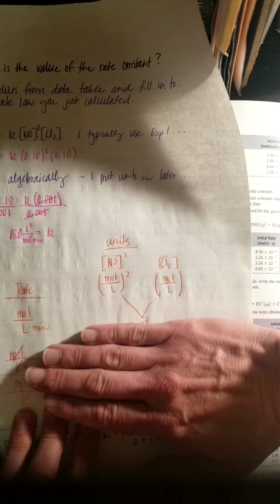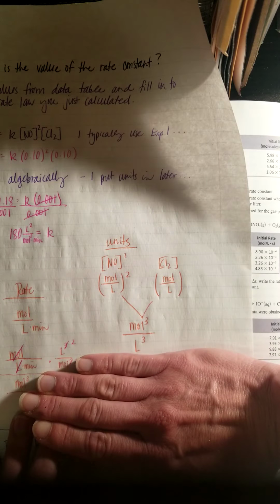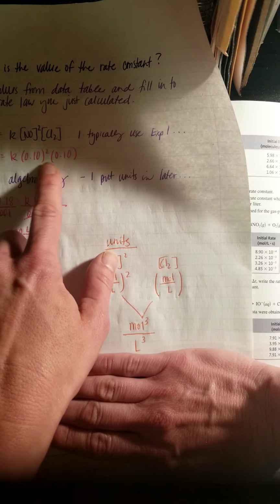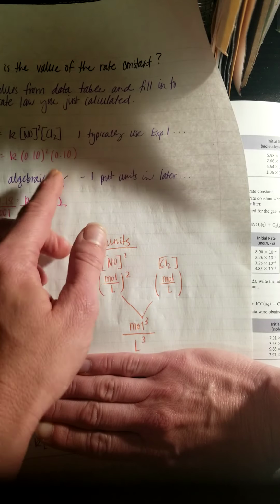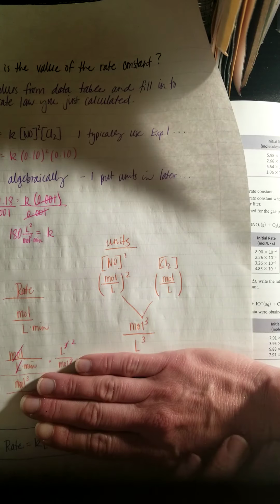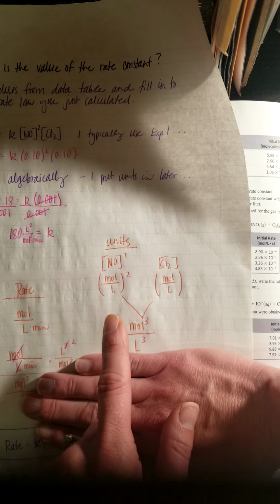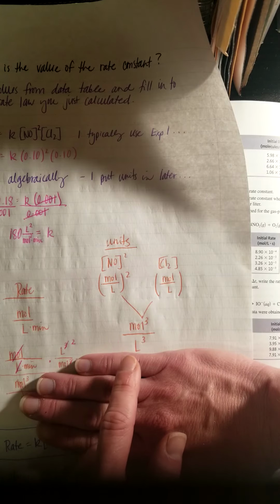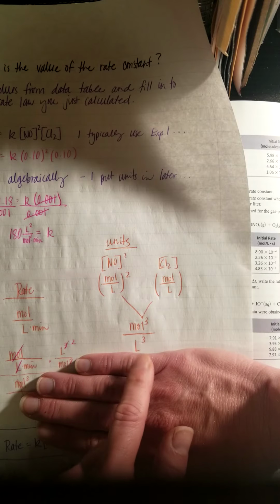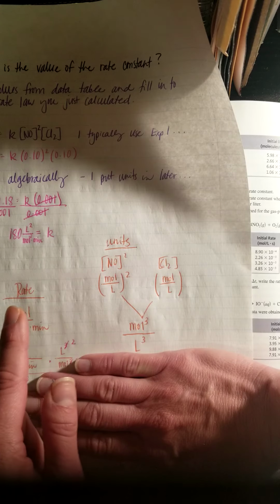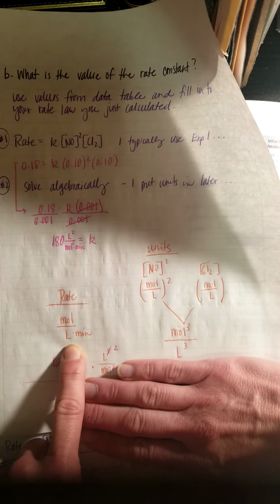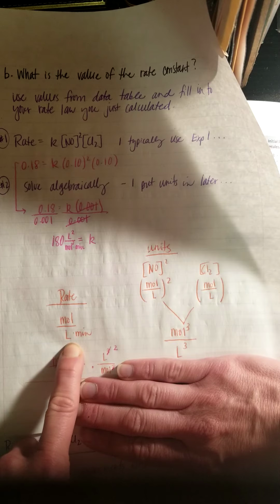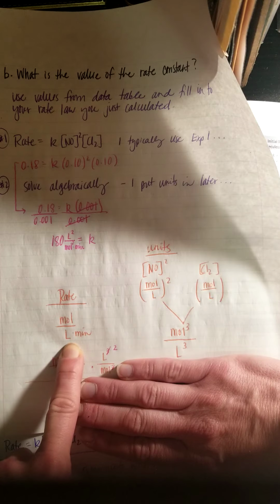What would my units be just for this right side of the expression beside K? Well, if I multiplied across, it'd be moles cubed over liters cubed. Okay, that's awesome. Now I've got to figure out what my units are for my rate. Well, if you look back at your data table, it is moles per liter per minute.